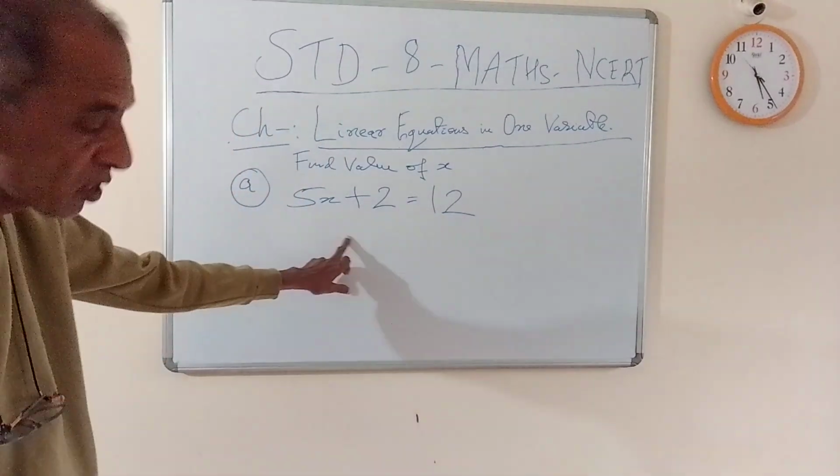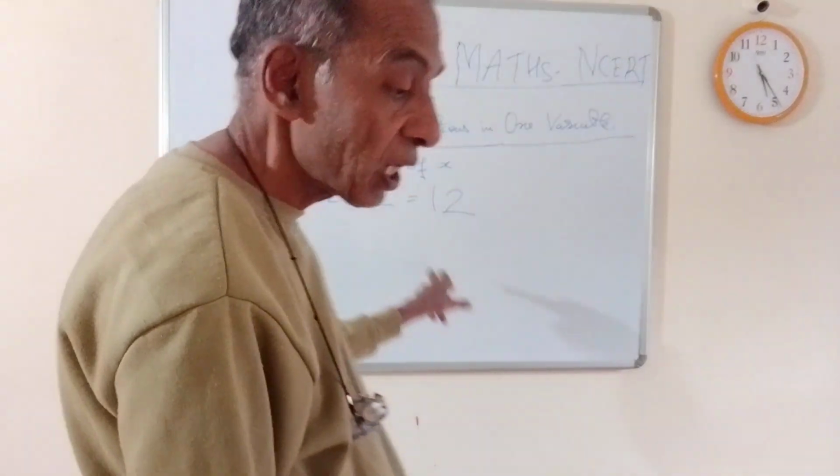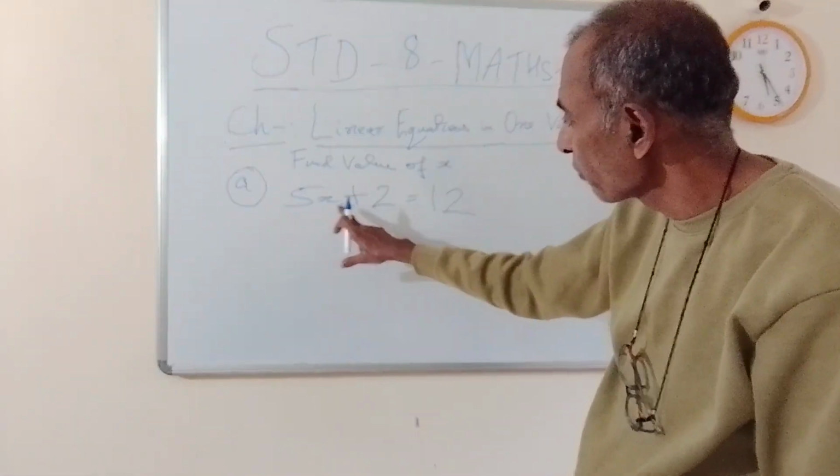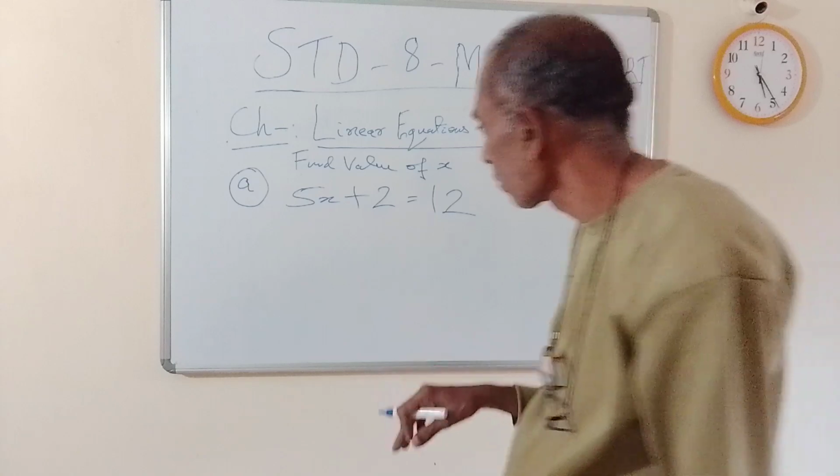Okay, so this is an equation, a linear equation in one variable. Here x is raised to 1 only, 5x plus 2 is equal to 12. So how do we solve it?